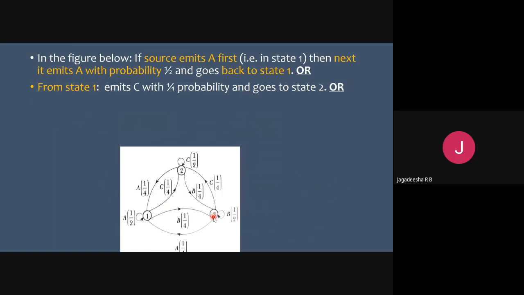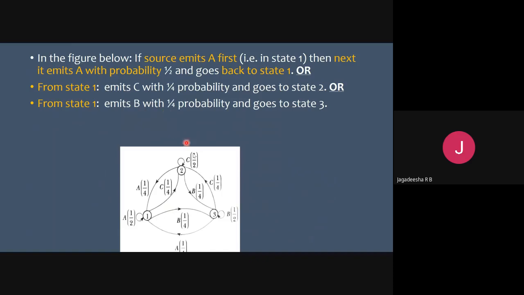So this is basically a state diagram. We are just representing these as transitions between different states. If it emits a particular symbol, then what next? We name it by different states. That is what is mentioned here. It goes to state 3 by emitting the message or symbol B with probability of 1 by 4.